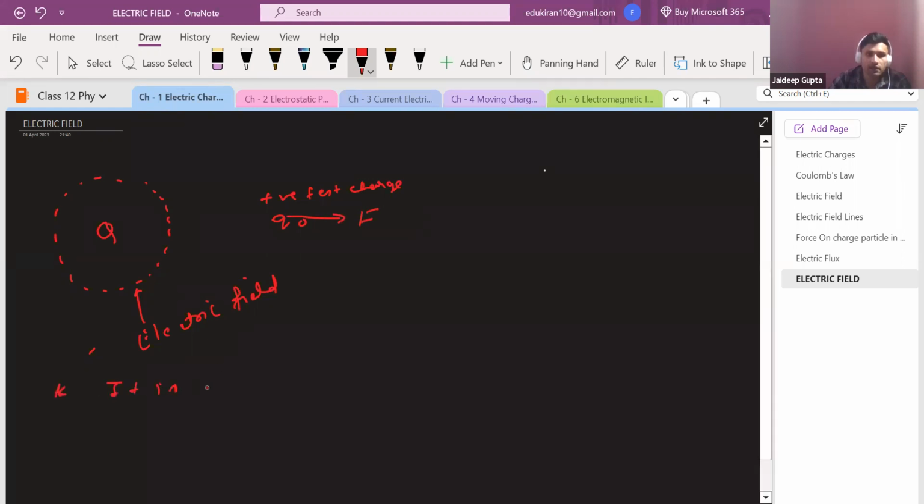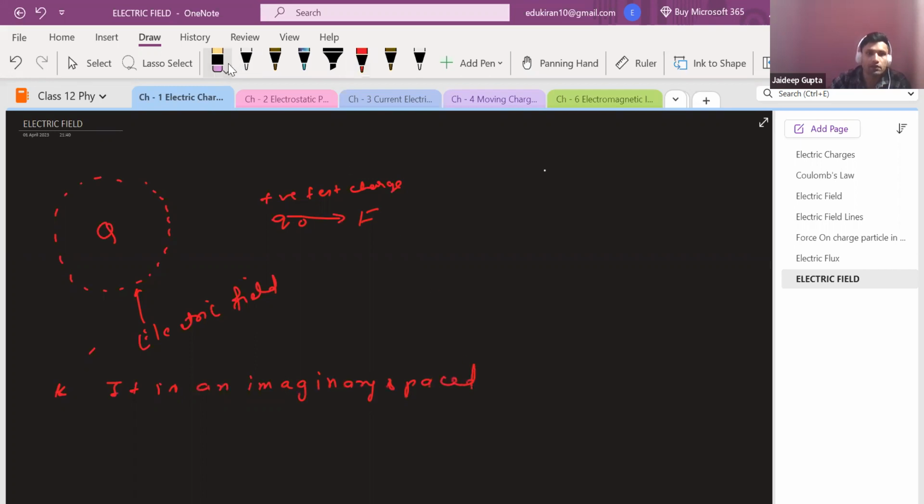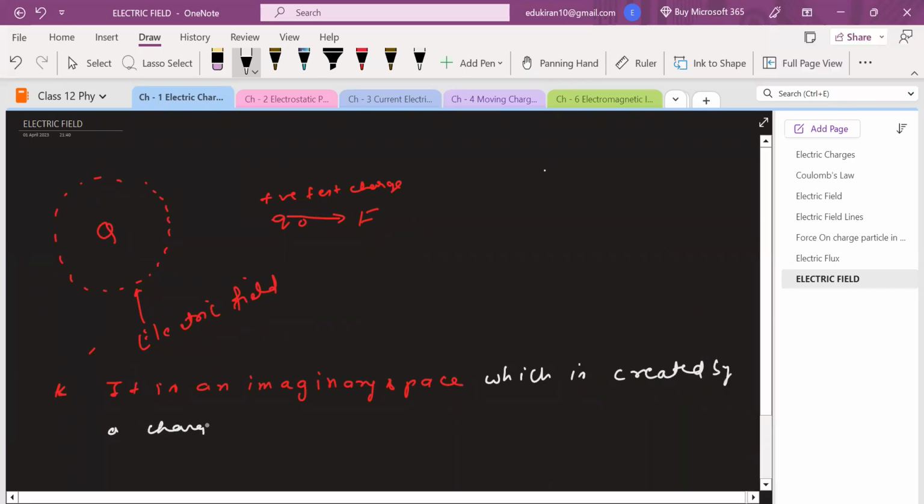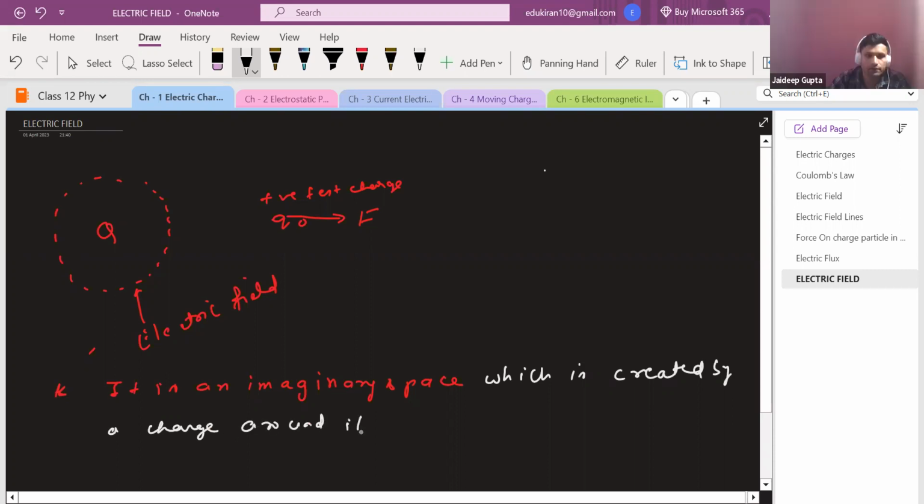It is an imaginary space which is created by a charge around it.